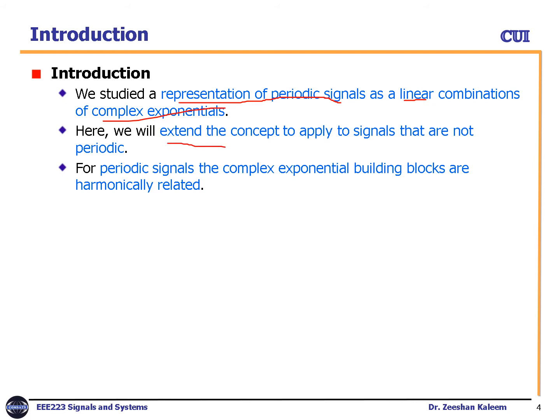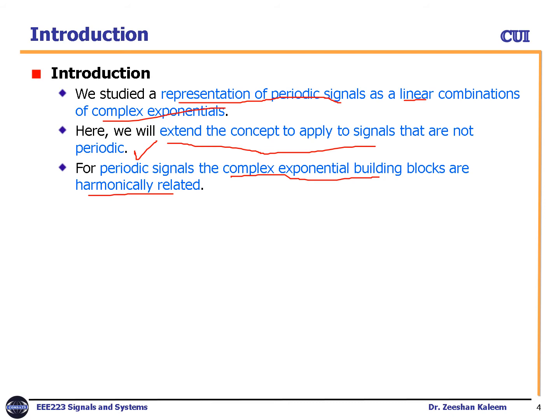Here in this chapter we will extend the concept to apply to signals that are not periodic. Previously we were dealing with periodic signals, now we are extending the concept. If the signal is non-periodic, how can we evaluate those types of signals? For a periodic signal, the complex exponential building blocks are harmonically related. Harmonically related means that, for example, omega naught is the baseline or fundamental frequency, then the next frequencies will be 2 omega naught, 3 omega naught, 4 omega naught.